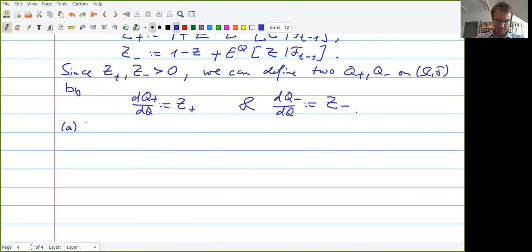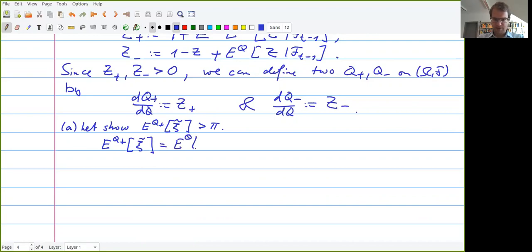So let's consider the expected value of the discounted claim under Q plus.